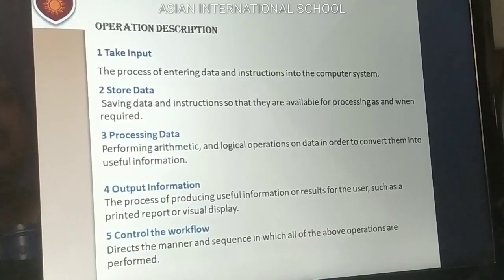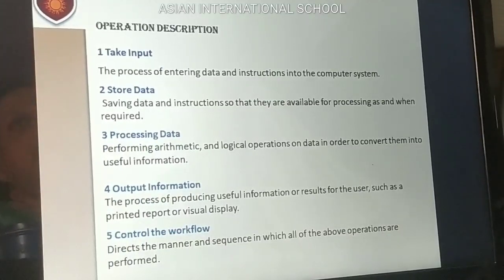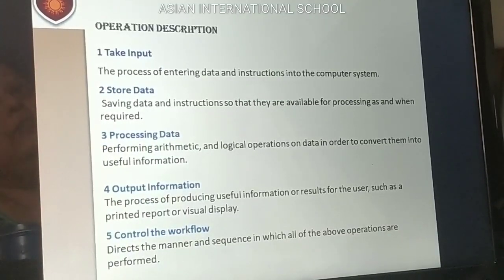Processing is divided into mainly three parts: the arithmetic unit, the logic unit and the control unit. We will discuss it in detail in another part of the session, but here processing means performing arithmetic and logical operations in order to convert data into useful information.